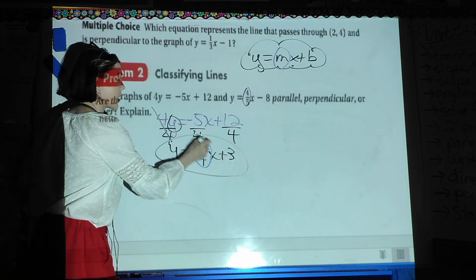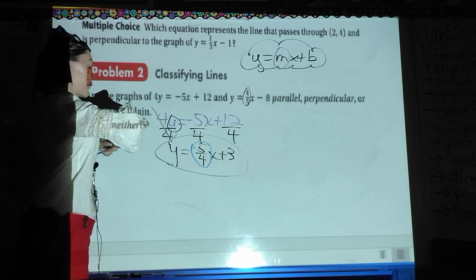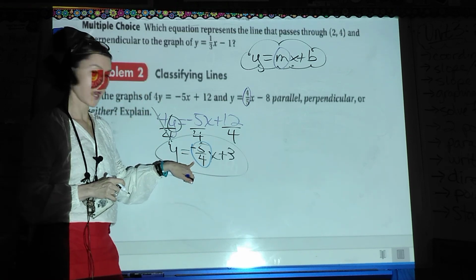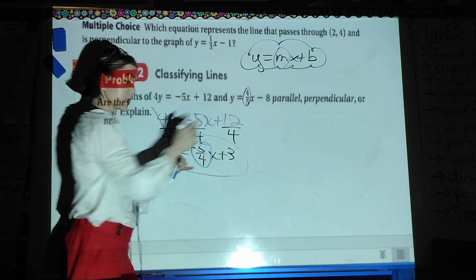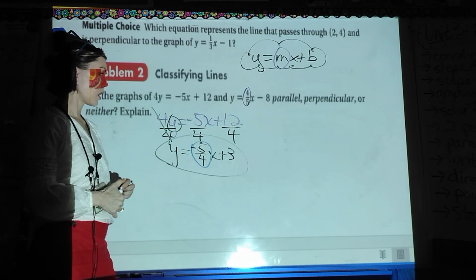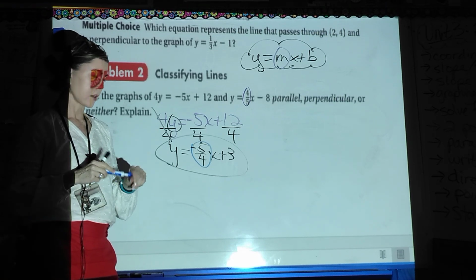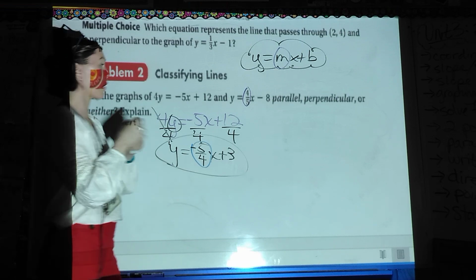And let's take a look at the slope here. Here we have a -5/4. Okay? And this slope is a positive 4/5. So we need to figure out, are those two slopes parallel, perpendicular, or neither? Well, are they the same slope? No. So they're not parallel.